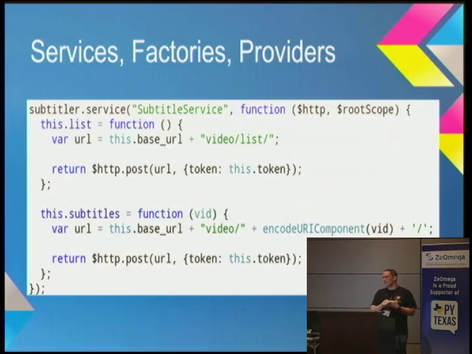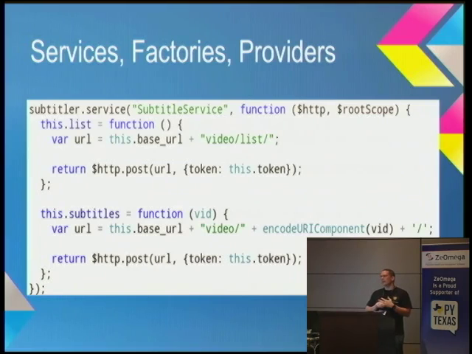A service is just a one-off thing where, maybe you wrote a website and you have your API, and you're never going to talk to multiple versions of your API. So you just need one service, and it's always the same thing. So it's a singleton. I'm just going to talk to my backend API.